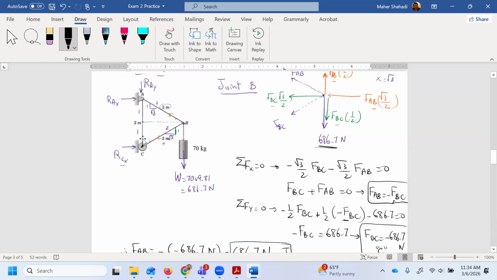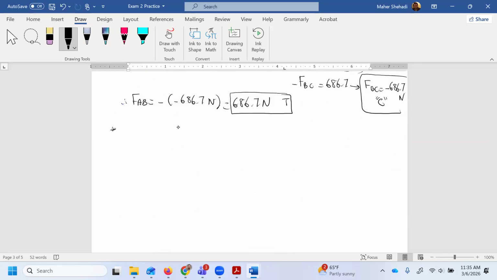Now, if you analyze it a little, I think we don't need RC because this is in the Y, FAC, and RCX is in the X. So I don't need to consider the X direction because I'm only interested in knowing FAC. Let's look into that joint C. I have here FBC.